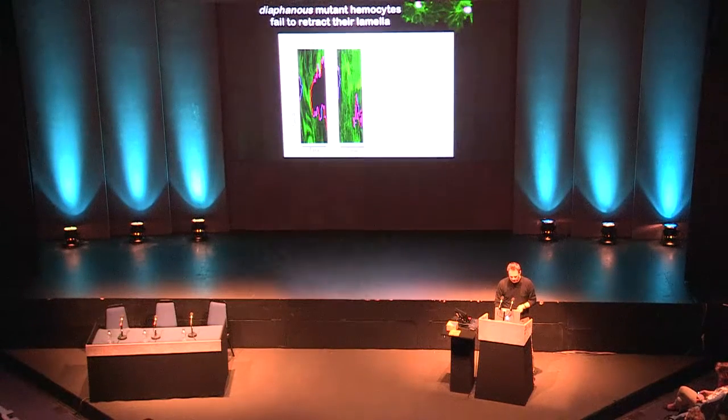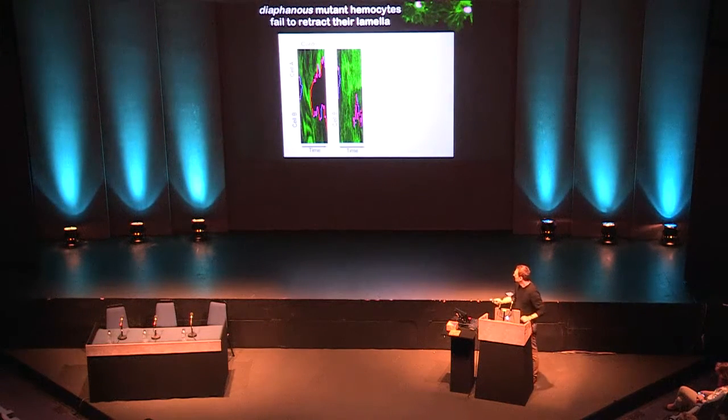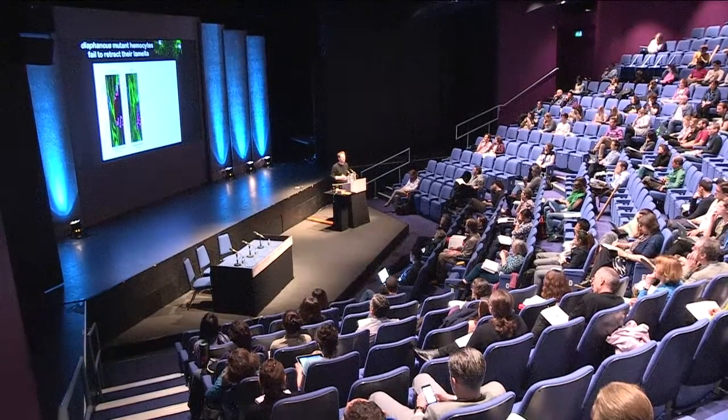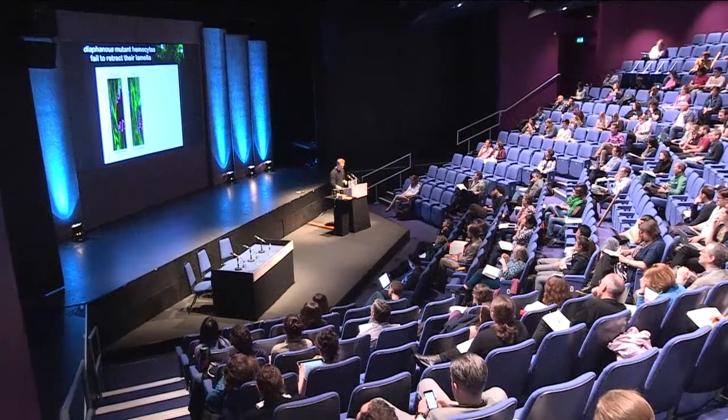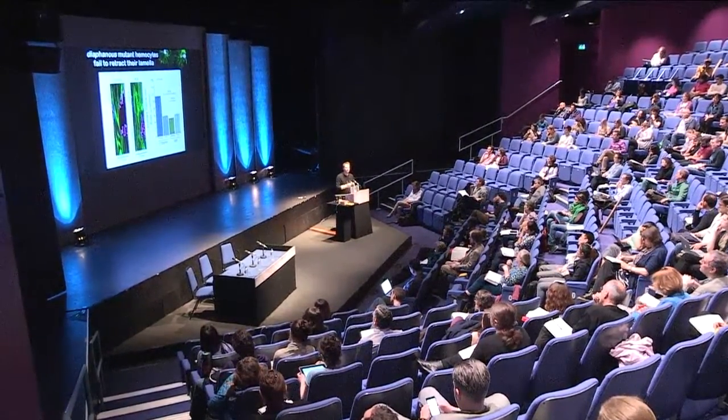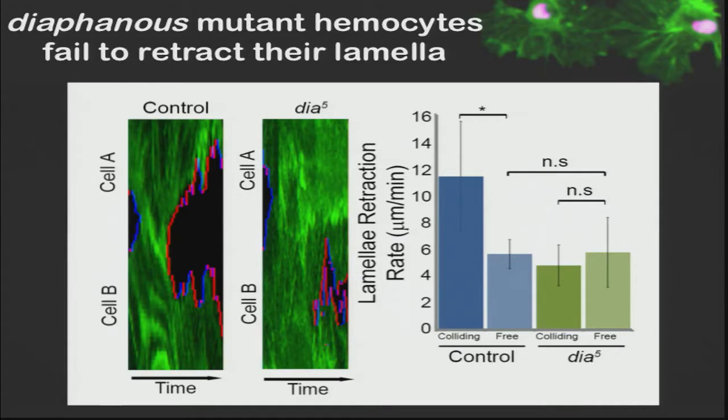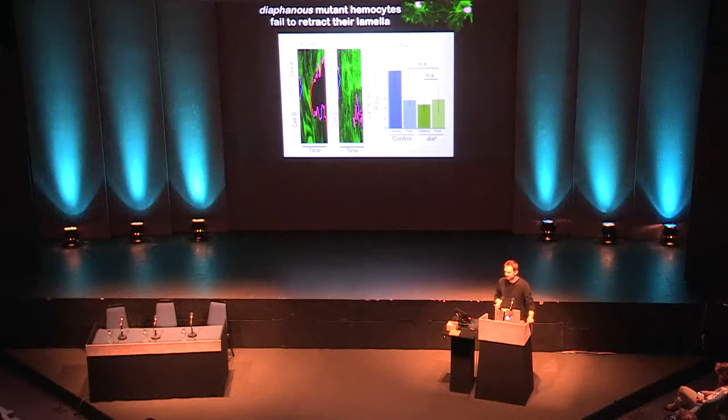Not only that, but when we looked at their retraction dynamics, unlike control cells where we see this sudden and synchronous retraction, diaphanous mutant hemocytes don't show this. Often the cells separate and then go back into contact with each other. Furthermore, when we quantify these retraction rates in colliding and freely moving cells, whilst in control cells we saw an increase in this retraction rate during collisions, this did not occur in diaphanous mutant hemocytes.